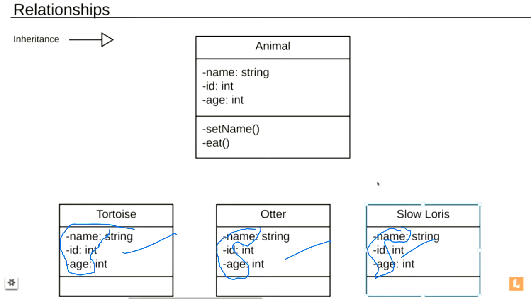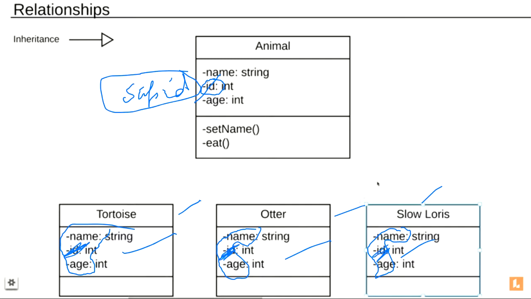Second point of benefit: suppose I want to change this ID to SAP ID. I want to change the name of this attribute to SAP ID. If you are not doing inheritance, if you have made these three separate classes, then you have to change SAP ID here also, here also, here also. This is for only 3 classes.